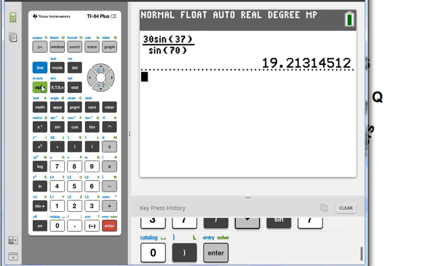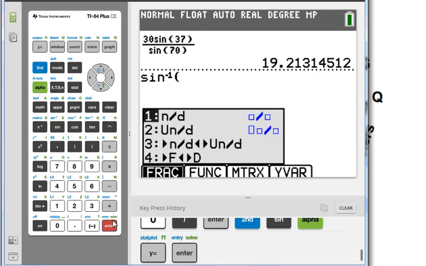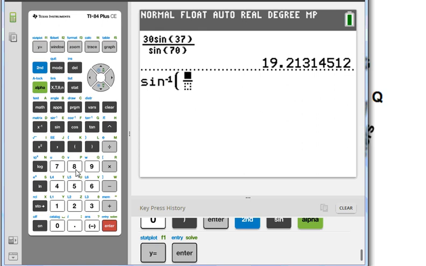Okay, we put inverse sine of 9 sine 114 degrees.